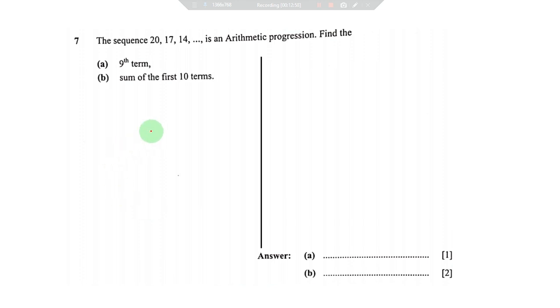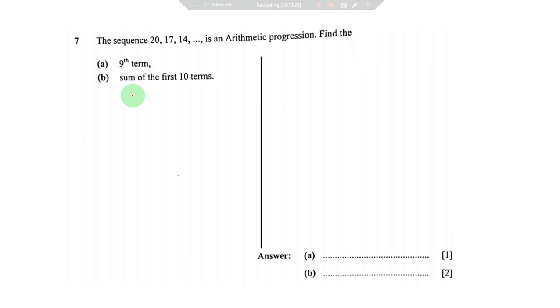The sequence 20, 17, 14 is an arithmetic progression. Find the 9th term. In paper 1, if it's a question that requires you to use a formula, it's important to first of all remember the formula and write it down before you do anything.